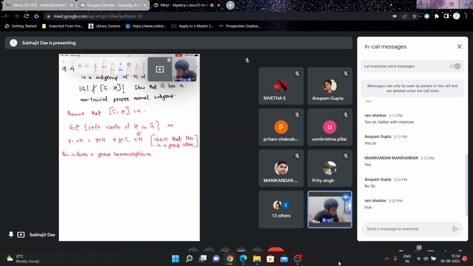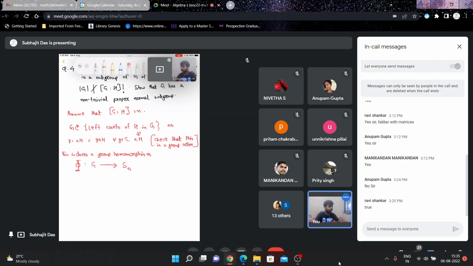This induces a group homomorphism, let's say phi, from G to the symmetric group on the set of all left cosets of H in G, and since there are exactly n left cosets of H in G, this symmetric group is the same as Sn. So this induces a group homomorphism phi from G into Sn, right? So far so good.